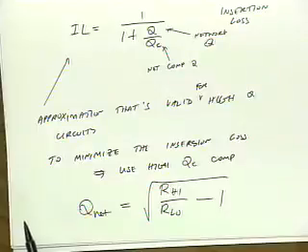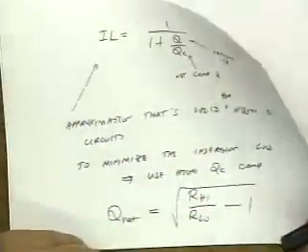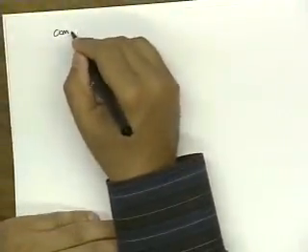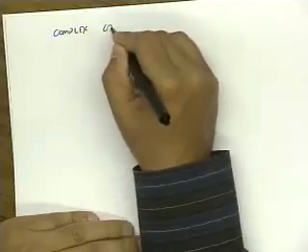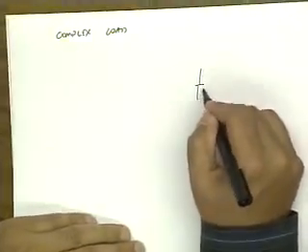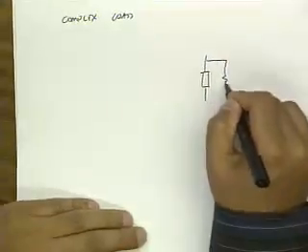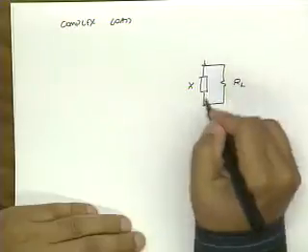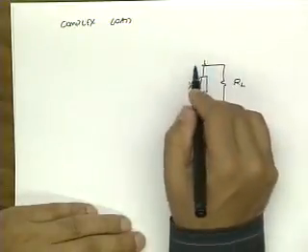Now, you might also notice that up to now we have only dealt with real loads and real sources. So what if I have a complex load or a complex source? How do I handle that? So let's say that in addition to having some RL, I also have some XL.